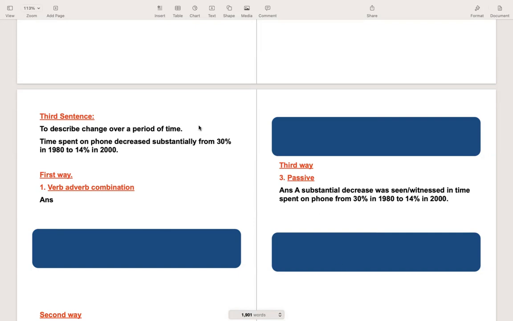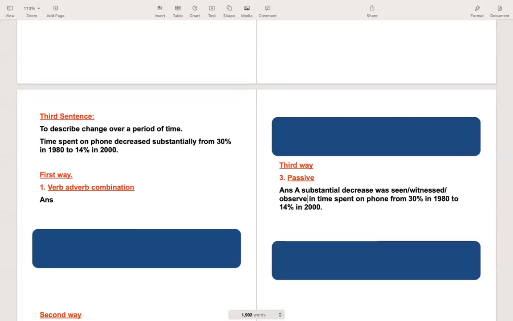Are they clear? Yes. Can we write observed in place of seen or witnessed? Yes, observed is also another good word. Whatever means dekha jana, seeing, you can use any one. Use the third form, not the first or second form. This is passive: after was, there is the third form.